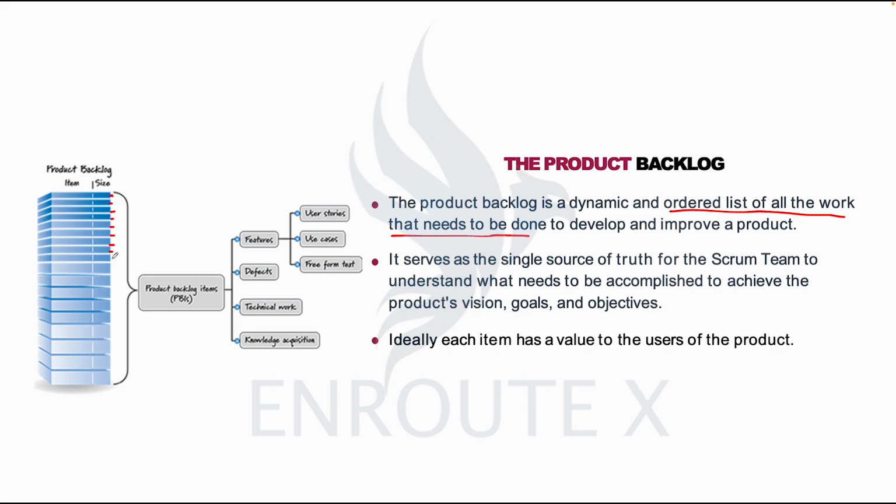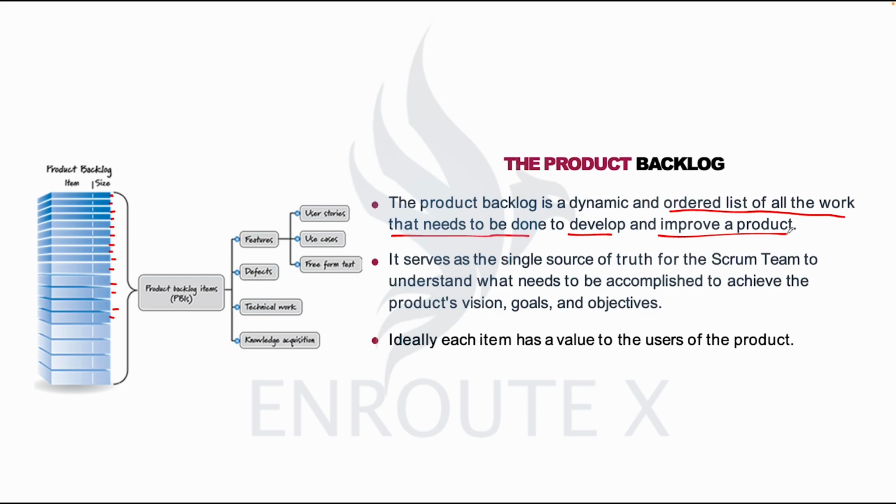We have the list of all the work that needs to be done, in an ordered way, to develop or improve a product, to accomplish a product goal. That is what it's saying.